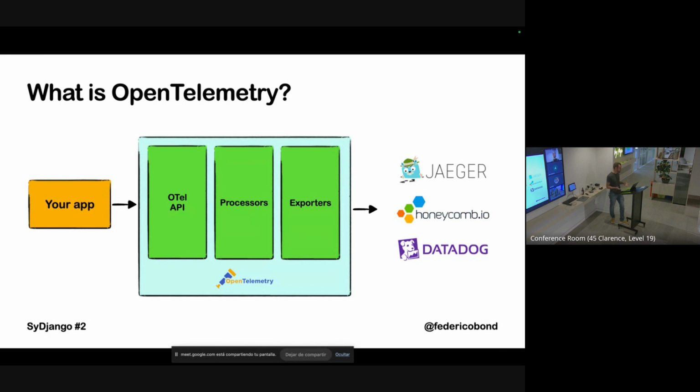So OpenTelemetry levels the playing field by providing this common API. So you configure and you instrument your app for OpenTelemetry, and then you configure where you're going to export the data, and that gives you much more vendor neutrality.